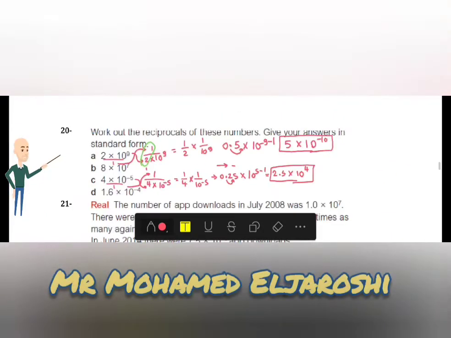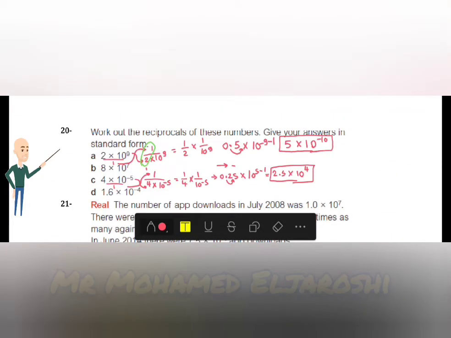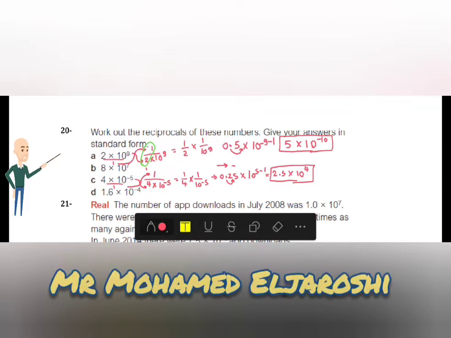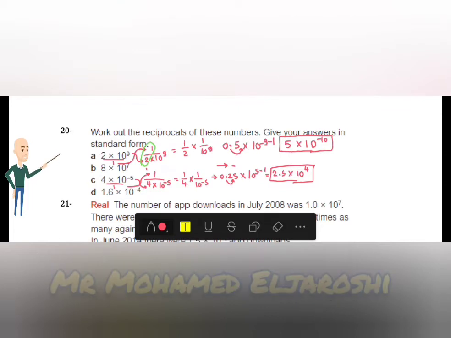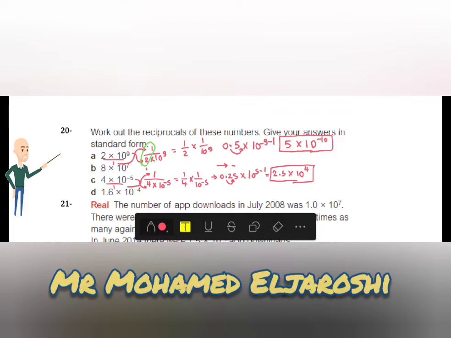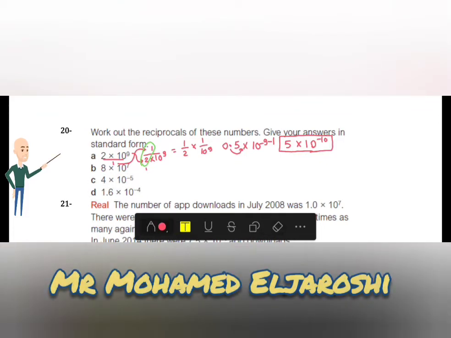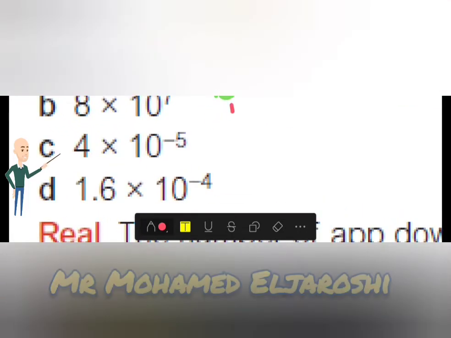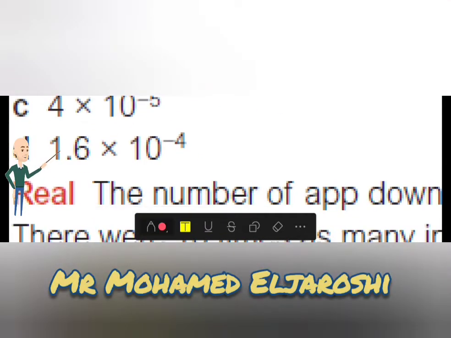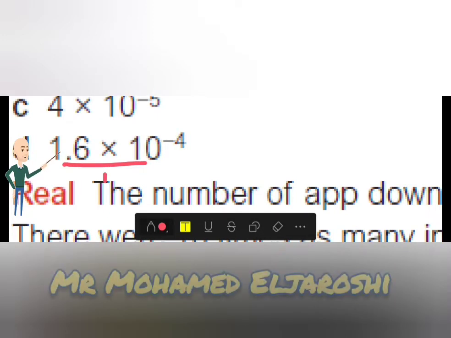Now, same idea, I'm going to answer D with the same idea. Let me erase question C and then I'm going to answer question D. Question D, same idea. I'm going to put it on top of 1 and then I'm going to flip it.